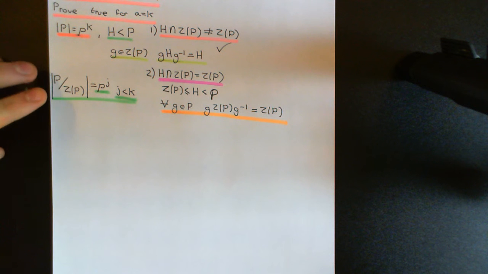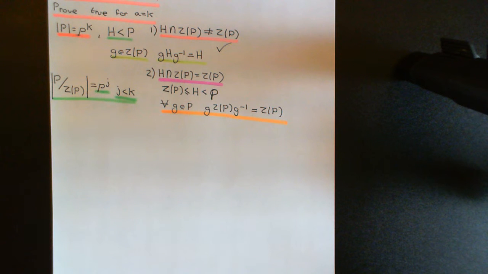Okay, so we are performing an interesting quotient here. So we quotient our P group, capital P, out by its centre, and we end up with another smaller P group.